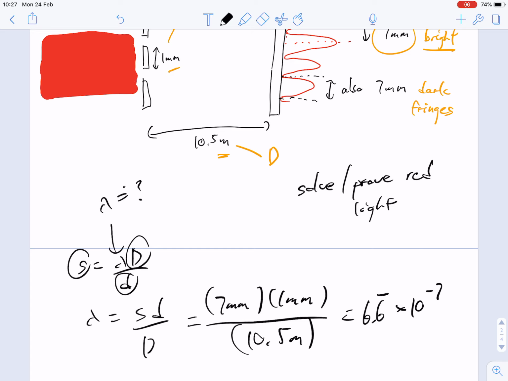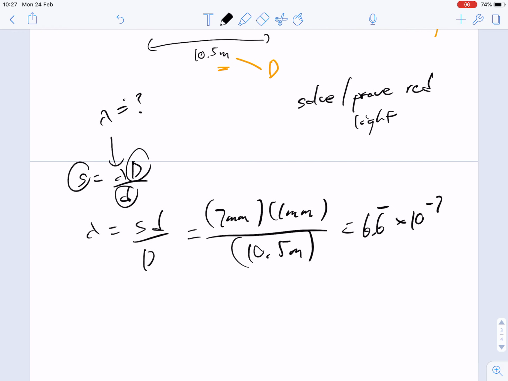So a different way to write that is if we write this as 660 times 10 to the -9, that really gives us 660 nanometers.